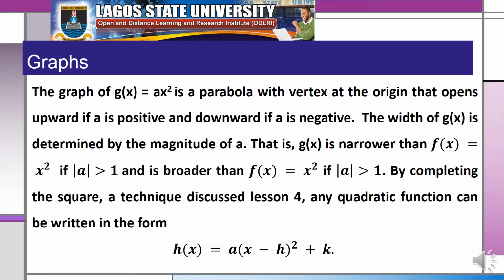By completing the square, a technique well known to you as discussed in lesson 4, any quadratic function can be written in the form h of x equals a times (x minus h) squared plus k.